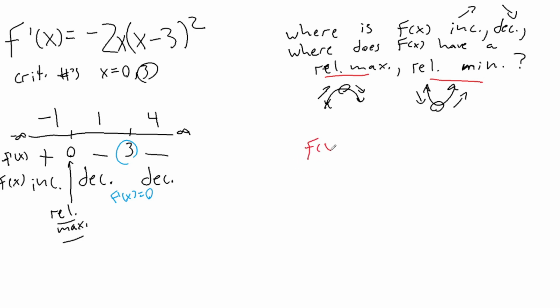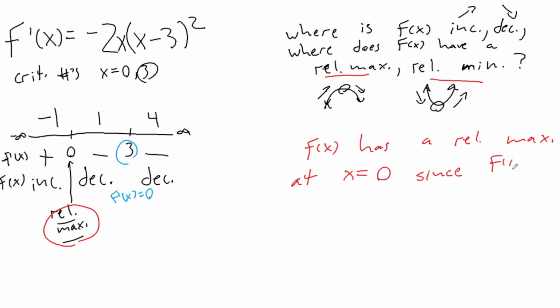So f of x has a relative maximum at, right, instead of on, now it's at because it's at a singular point. So it has a relative maximum at x equals 0. Now I have to explain. Since f prime of x, or the slope of the tangent line of f of x, changes, that's important, it changes from positive to negative.